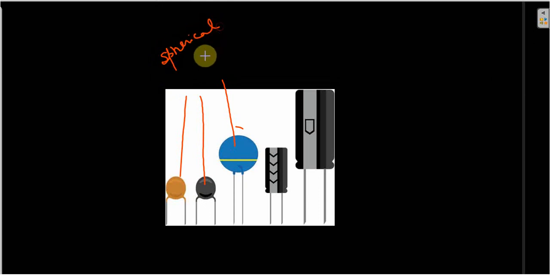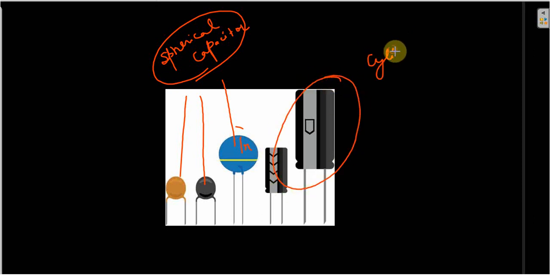Spherical capacitor capacity depends on the radius, and these two are cylindrical capacitor. Cylindrical capacitor capacity depends on the height and the radius of the cylindrical body. So there are three kinds of capacitor: first parallel plate capacitor, second spherical capacitor, and third cylindrical capacitor. All these are based on the shape.